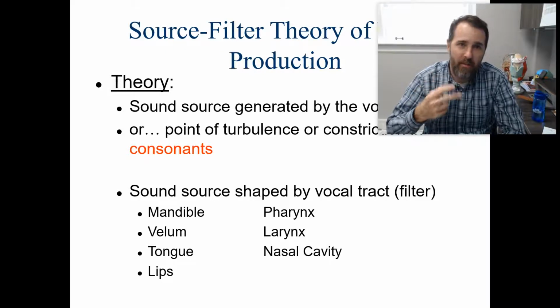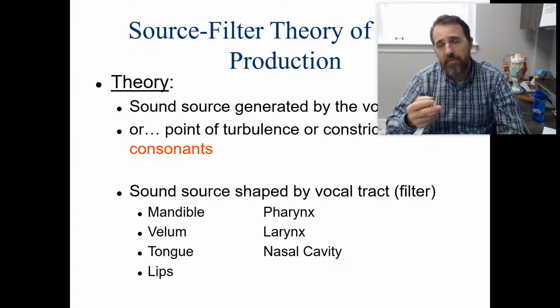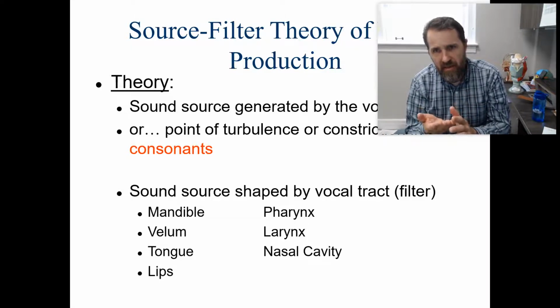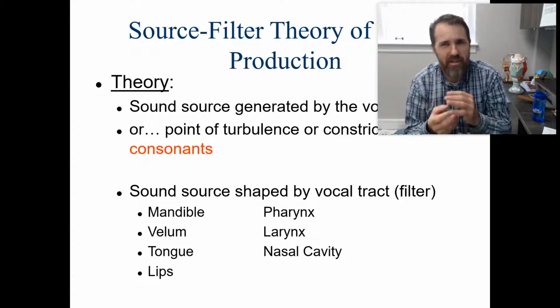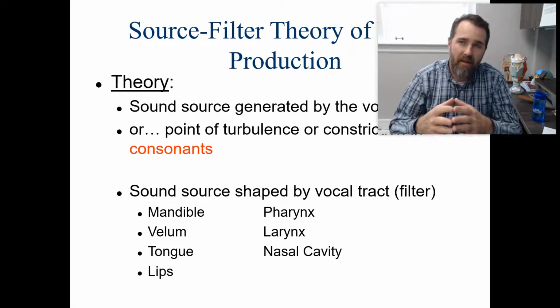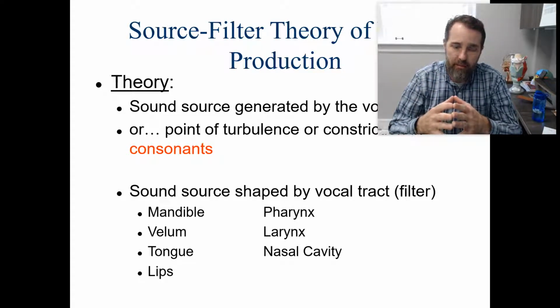So in this example, the sound source is that point of turbulence between my tongue and the alveolar ridge. It's that point of constriction that is making that white noise. And that white noise is being shaped by the vocal tract.